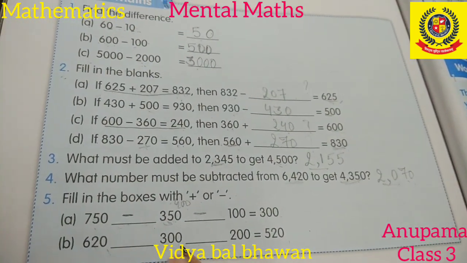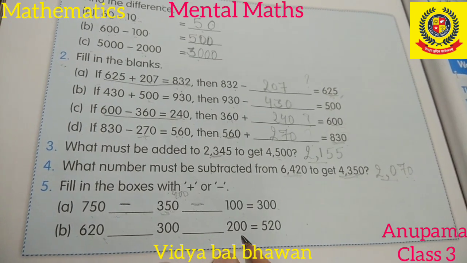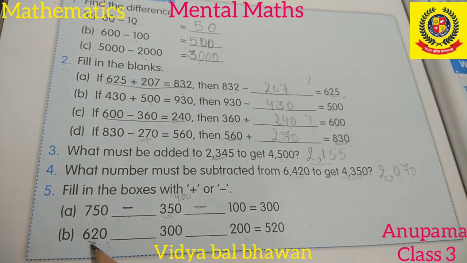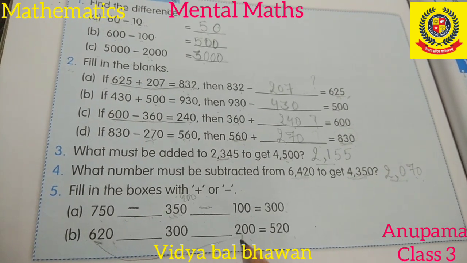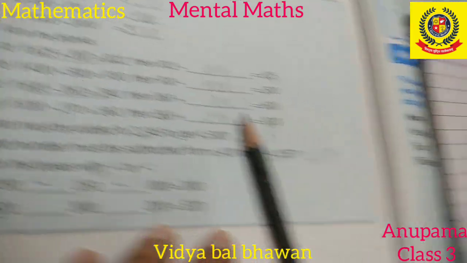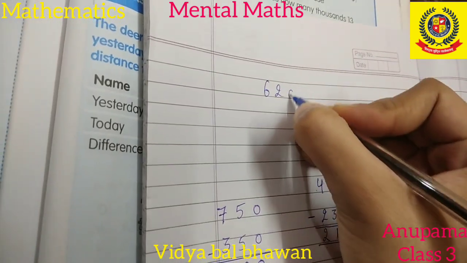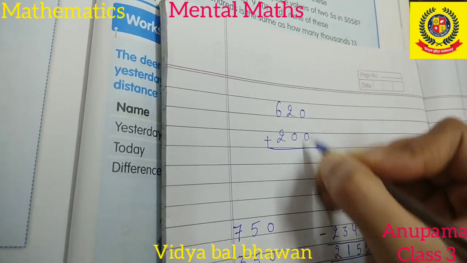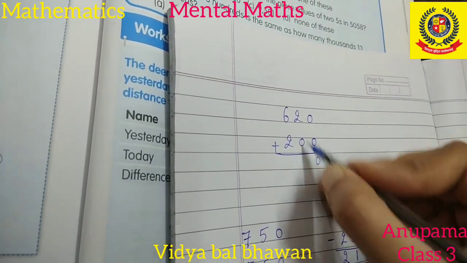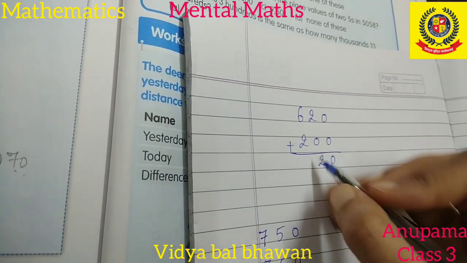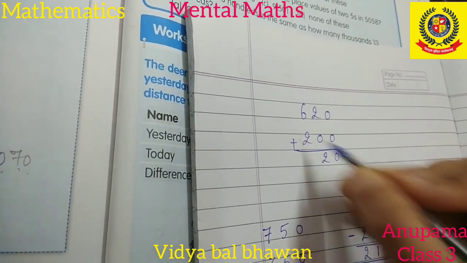Okay. 620 dash 300 dash 200. So in this, what we will do, firstly we will add 620 to 200. 620 to 200, when we add, 0 plus 0, 0, 2 plus 0, 2, and 6 plus 2, we all know that 6, 7, 8.